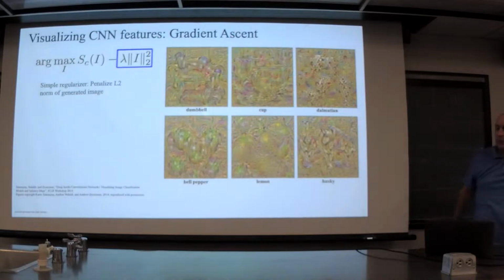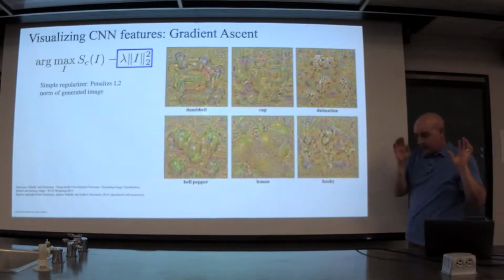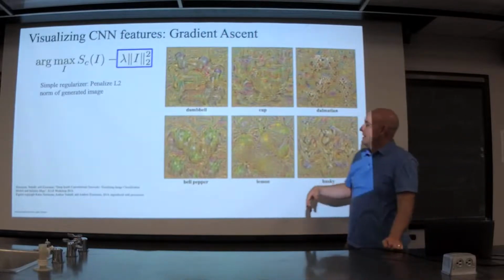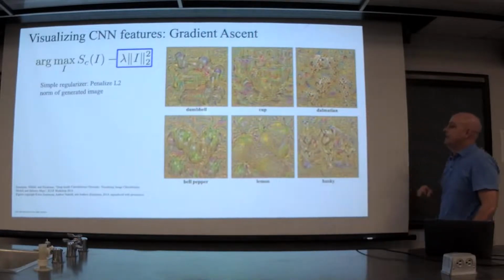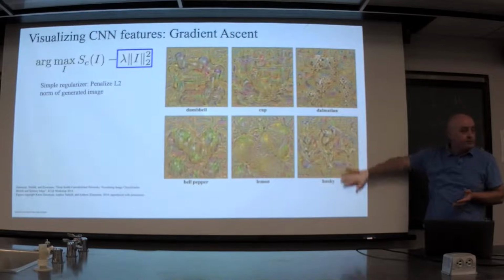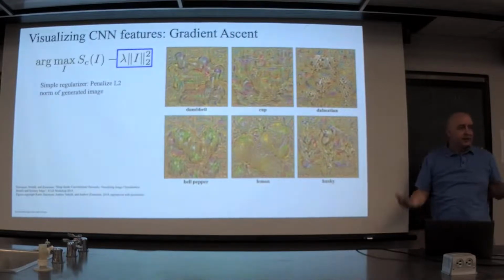So what do you get? We go back to our network trained on ImageNet, and we pick one of the classes. Here are six classes from ImageNet: dumbbell, cup, Dalmatian, bell pepper, lemon, husky. By the way, ImageNet has tons and tons of classes for different species of dogs for some reason.